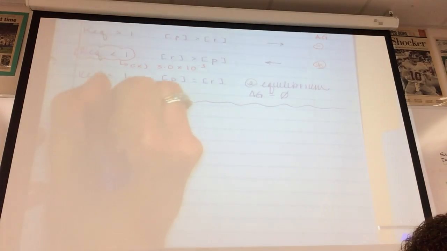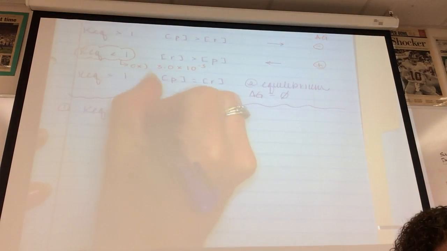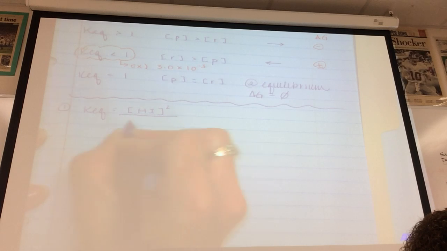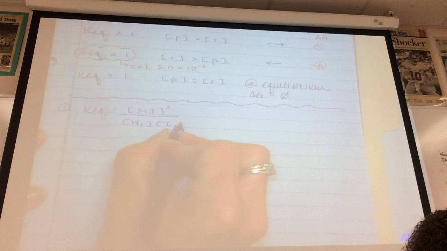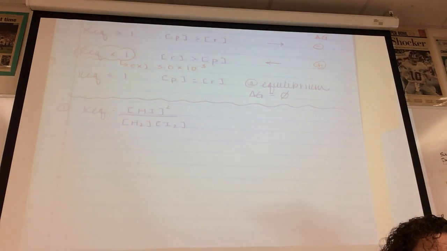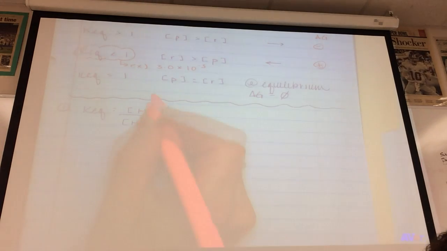So the first thing I'm going to do is write KEQ is equal to hydrogen iodide concentration squared over hydrogen gas times iodine. They're all gases, they're all included. Now I want to solve for this one.